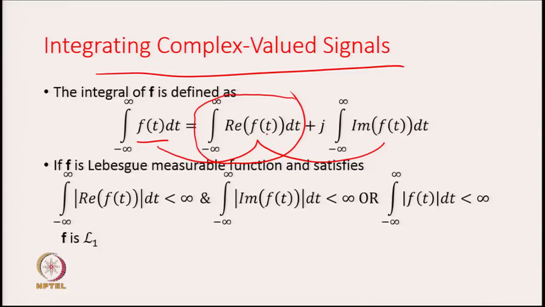So, these have to be Lebesgue measurable functions, and the integration of mod of real part of f(t) should be finite, and the integration of mod of imaginary part of f(t) should be finite, or in one go, the integration of mod of f(t) should be finite.